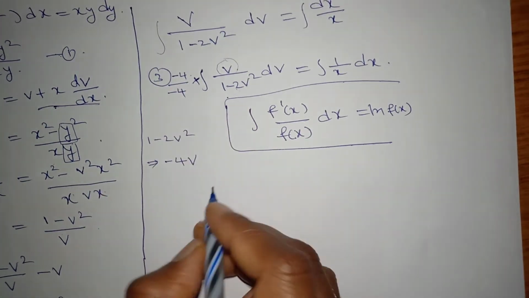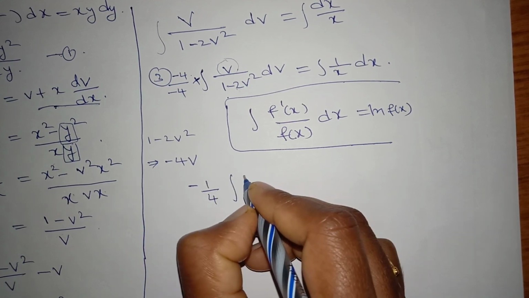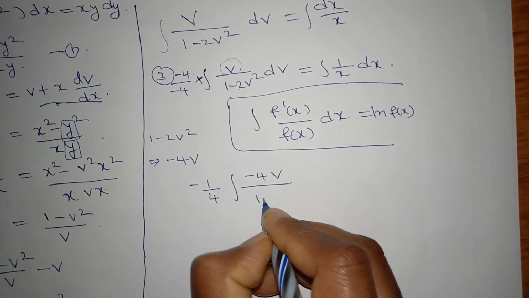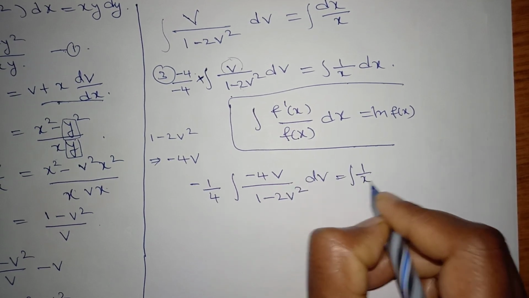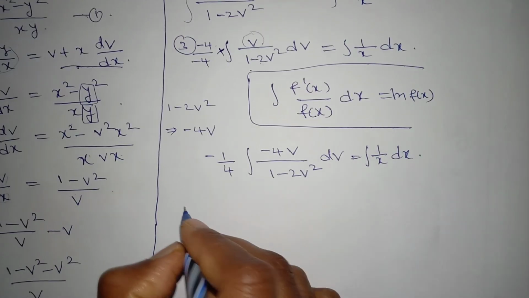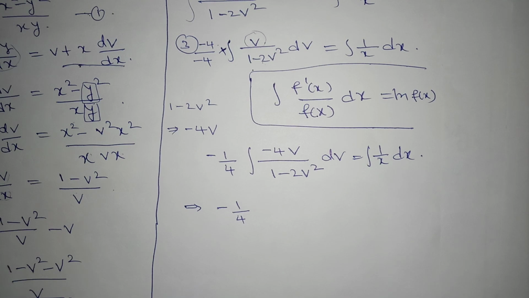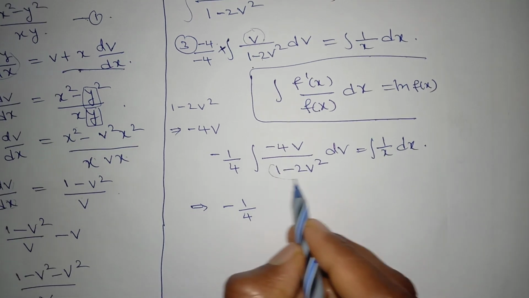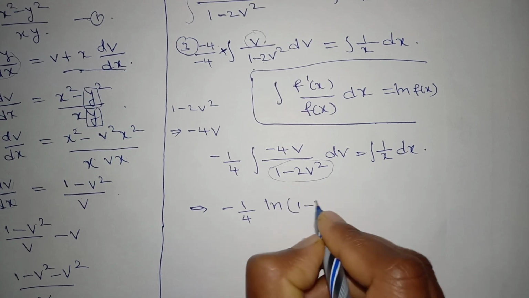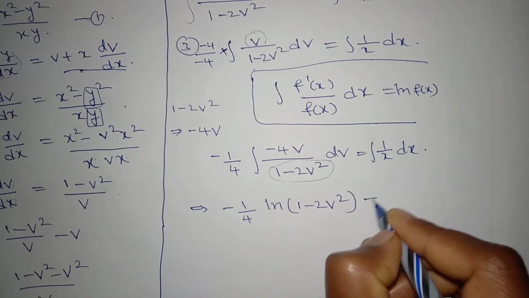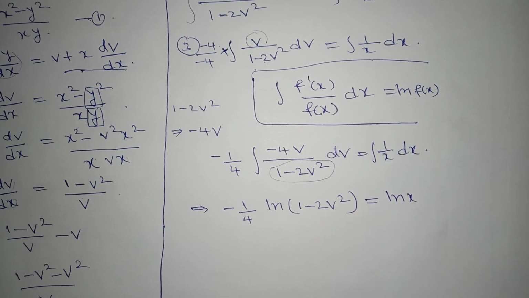Now we have minus 1 by 4 integration of minus 4v by (1 minus 2v square) dv equals integration of 1 by x dx, which equals minus 1 by 4 into log of f of x, log of (1 minus 2v square), which equals integration of 1 by x, which is log x plus c.